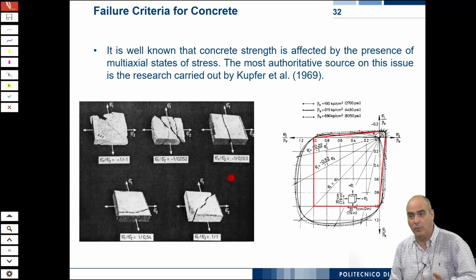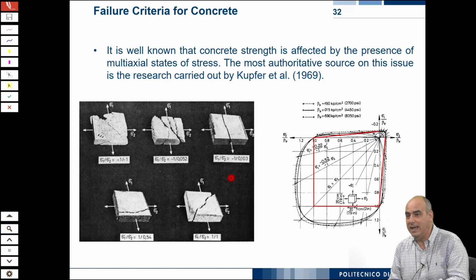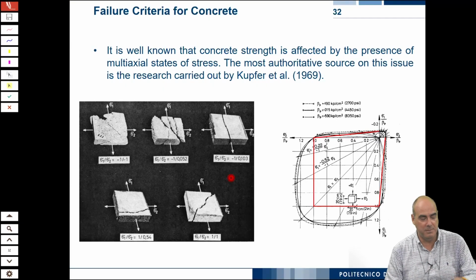And we were mentioning yesterday the studies by DJ Belarbi and Thomas Hsu at University of Houston, the studies by Frank Vecchio and Michael Collins at University of Toronto. Look for the papers of these guys. Most of them are in ACI Structural Journal in the 80s or early 90s, I think. Very nice, fundamental papers for structural engineering in the field of concrete mechanics.